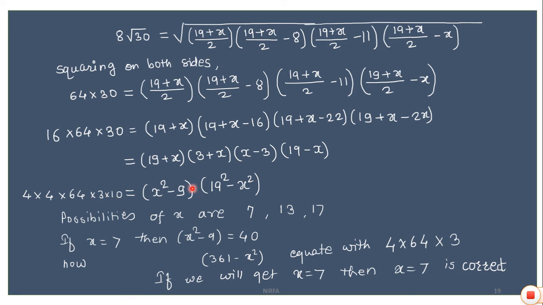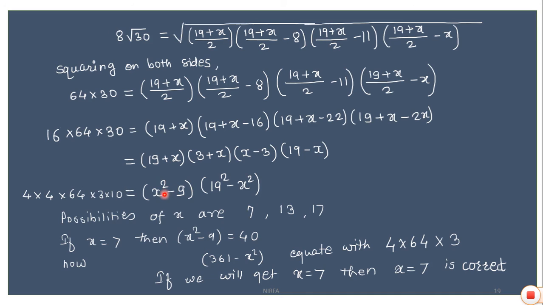And therefore, one of the brackets gives you such a number whose unit place is also 0. And that's why I'm searching for such a value of x which will give you this bracket's value as 0 at the unit place. So first value I am considering is x equal to 7. 7 square is 49. 49 minus 9 is 40, and it has 0 at its unit place.